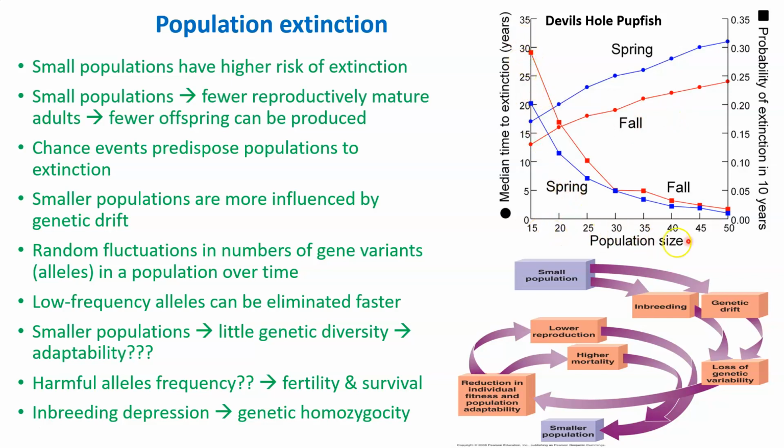When the population size increases, the median time to extinction goes up. When the population increases, time to extinction also increases, meaning they are going to be more stable. What happened to the probability of extinction with increasing population size? With increasing population size, the chance of extinction goes down. So it's a practical example to highlight my point.